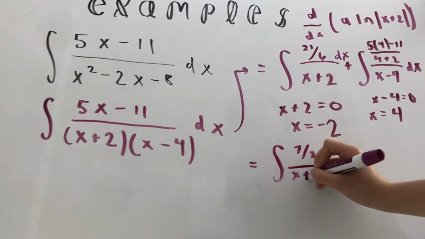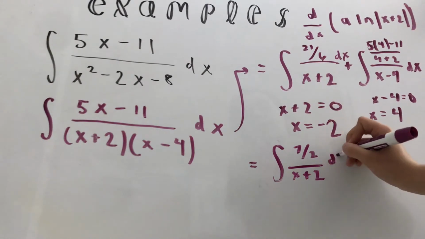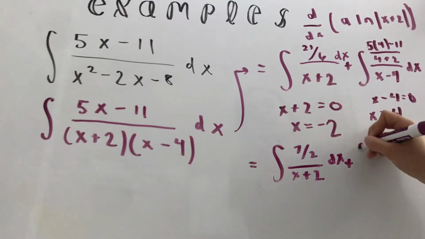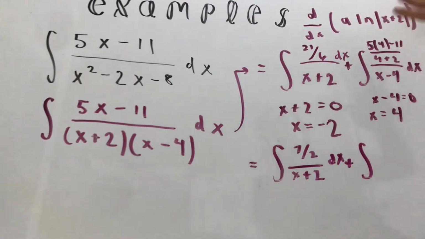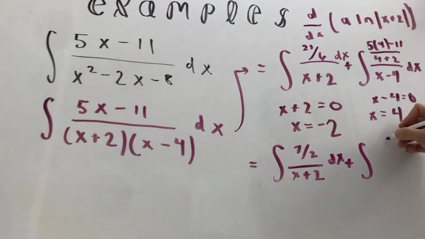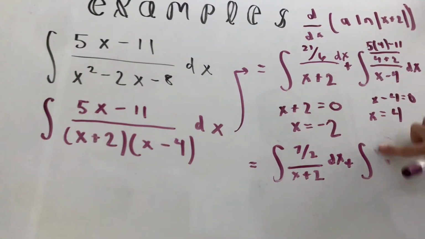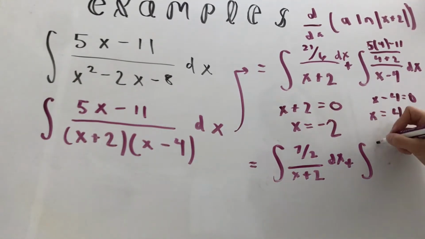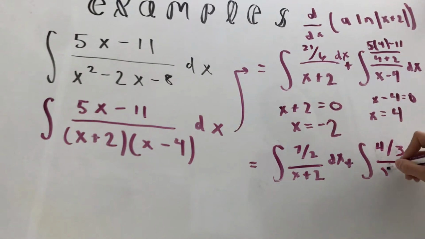x plus 2 dx plus the integral of, I just want to write this out again so you can see the process, 8 over 6, which is going to be the same thing as 4 over 3, over x minus 4 dx. Makes sense? It's pretty easy.